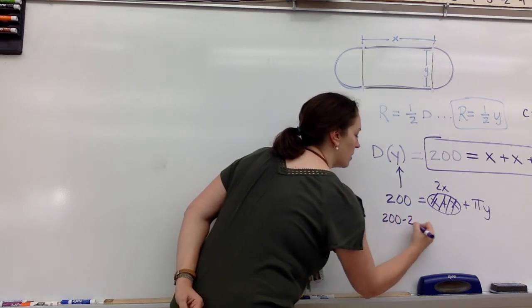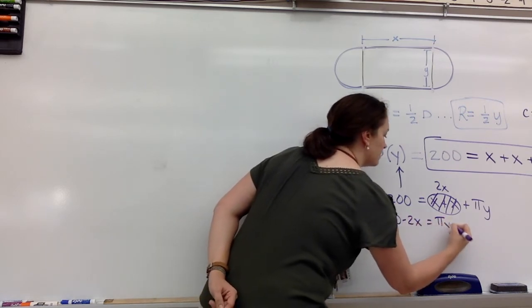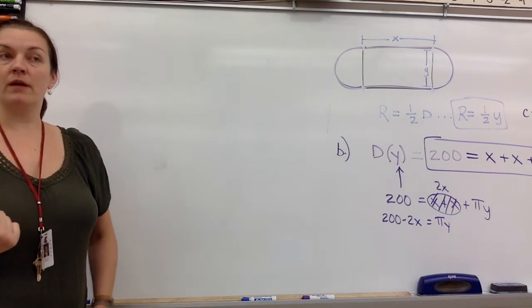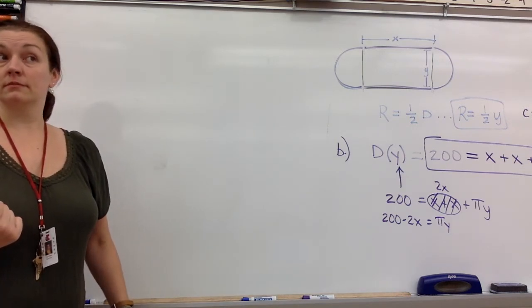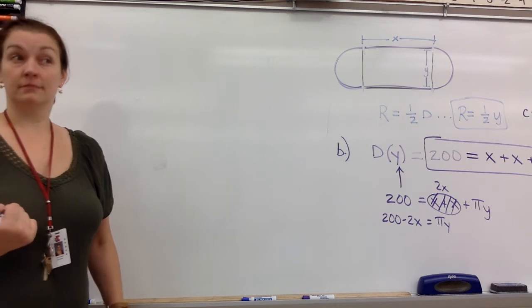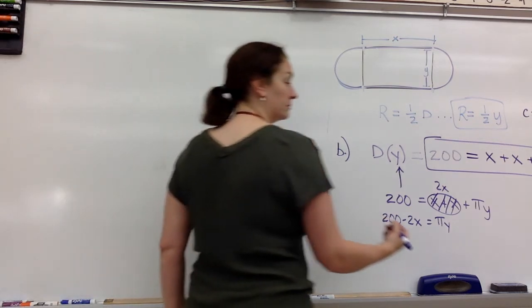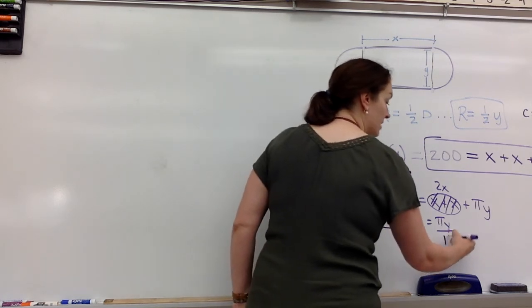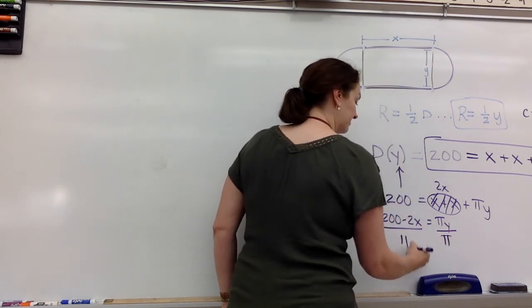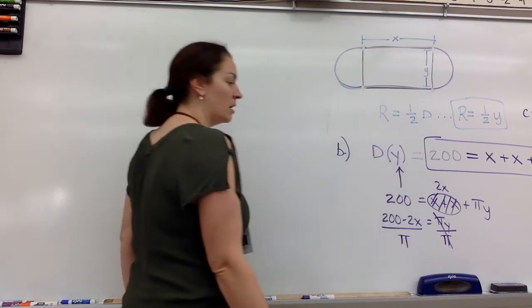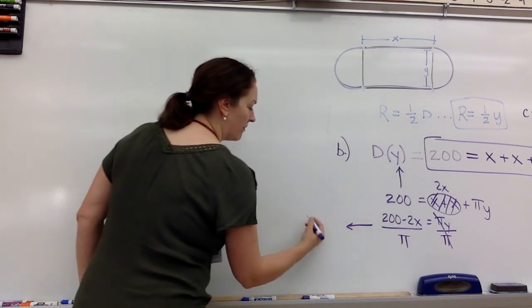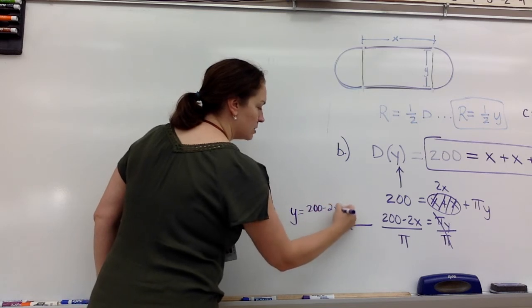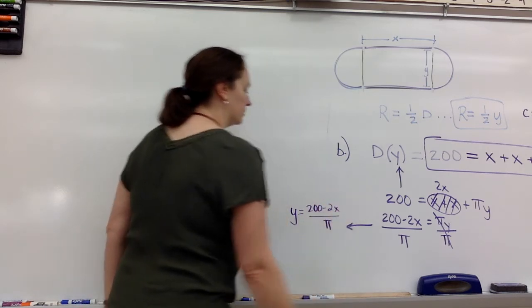So 200 minus 2x is equal to pi times y. And what? Divide by pi. You can leave it in symbolic form. So when I'm done with this, I now have an equation that says y is 200 minus 2x, all of which is over pi.